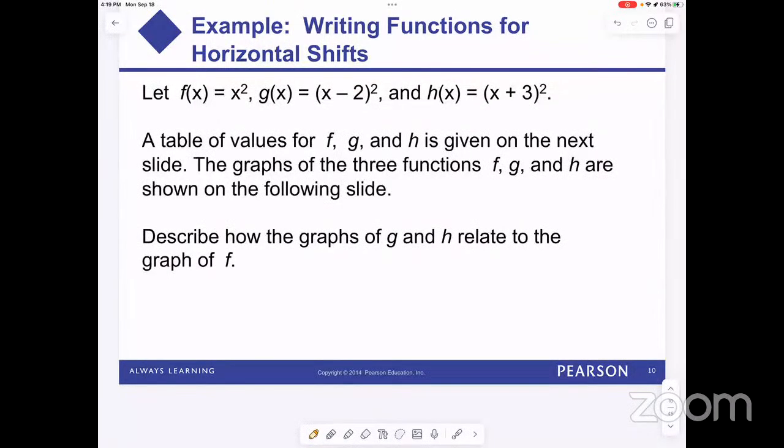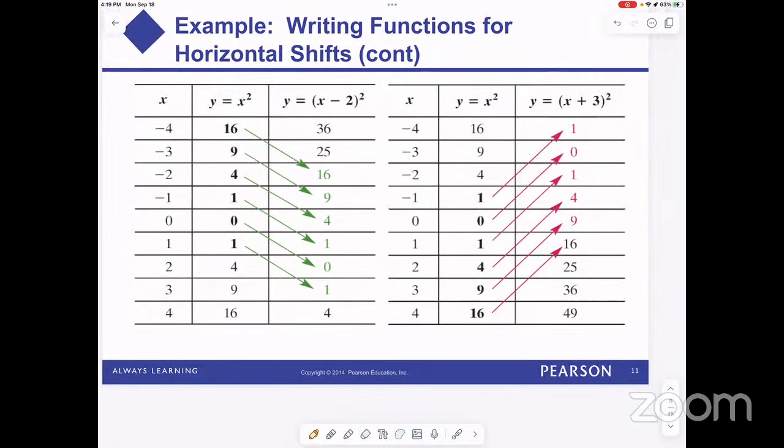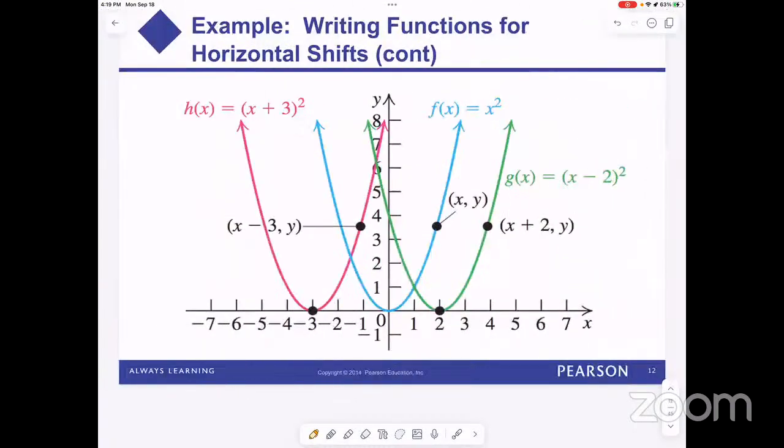So if outside manipulations cause a vertical change, then it stands to reason that inside manipulation should cause, let's see. So here we made the table. We chose these several values of x, found the corresponding f, g, and h. And then if we plot these on the same plane, we get this image here, where the blue is our original function.